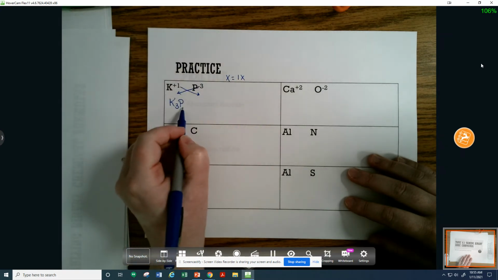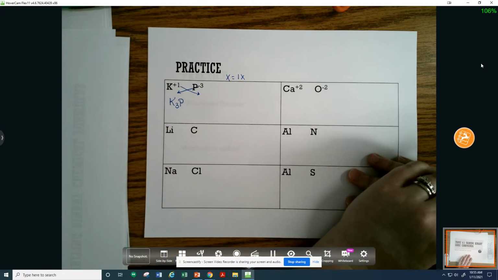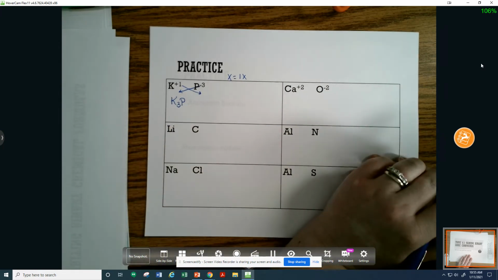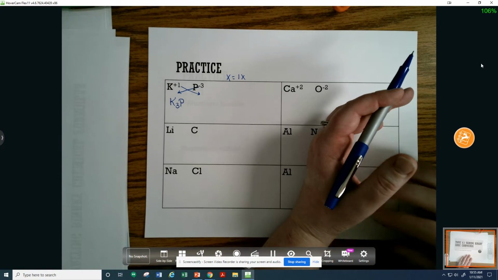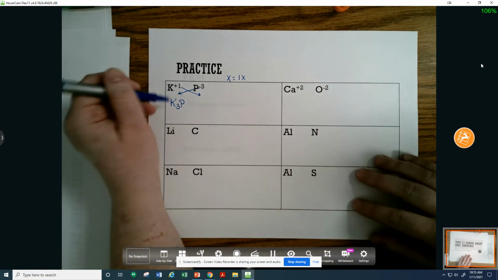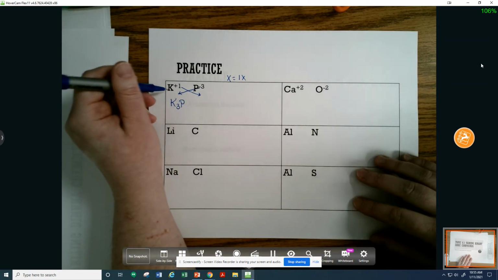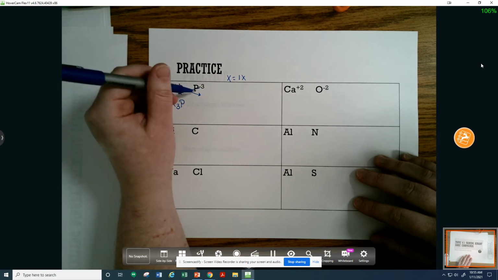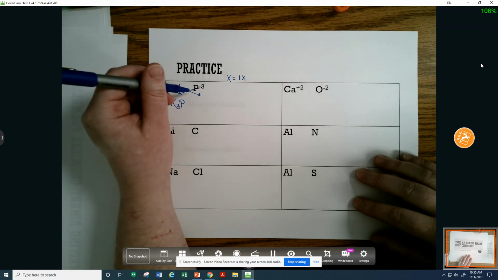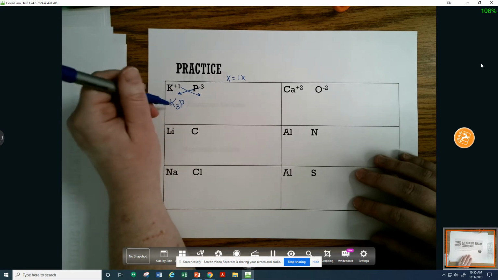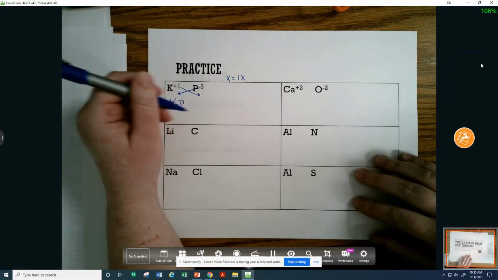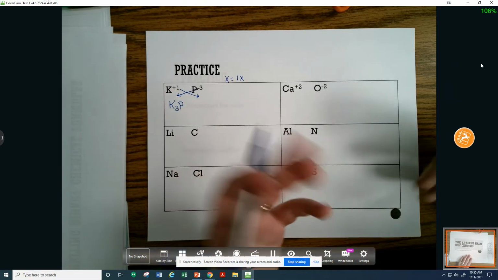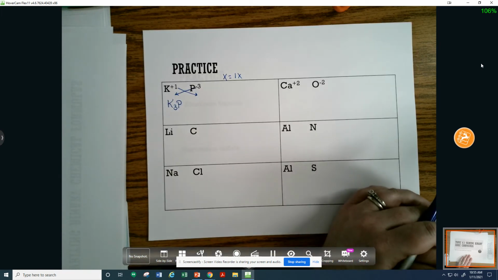So when we have a subscript of 1, we don't indicate it, just like in algebra you typically don't write 1x, you write just x. What it's telling us is it takes 3 potassiums to neutralize one -3 phosphorus. So it's a 3-to-1 ratio because of their charges to get everybody to the octet, and we are now done.